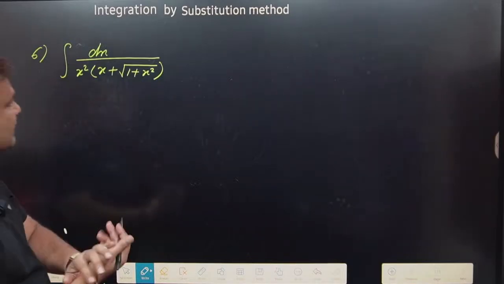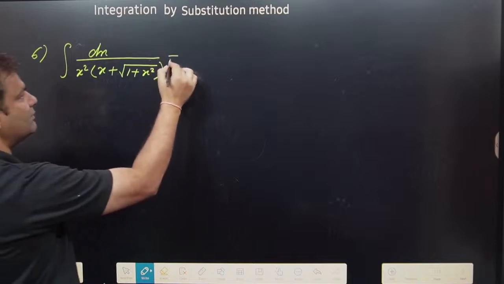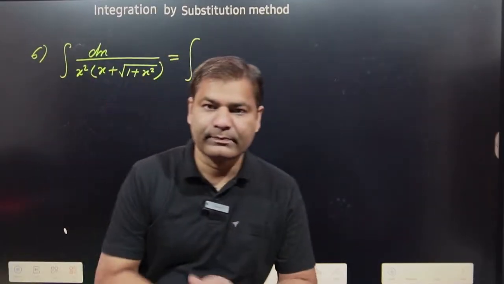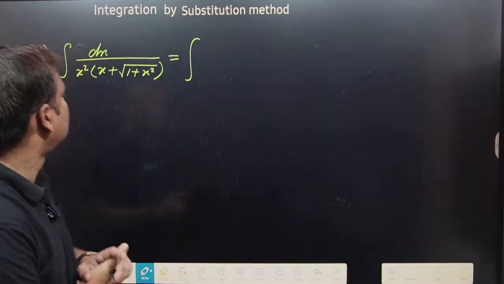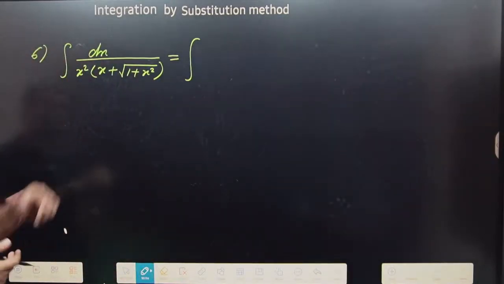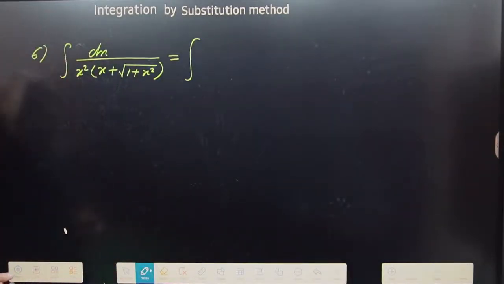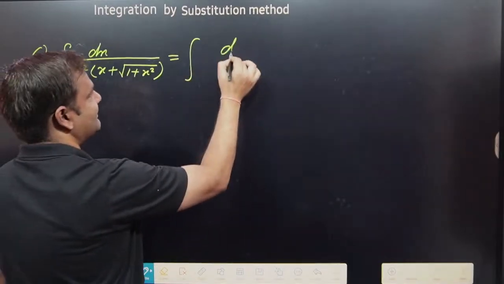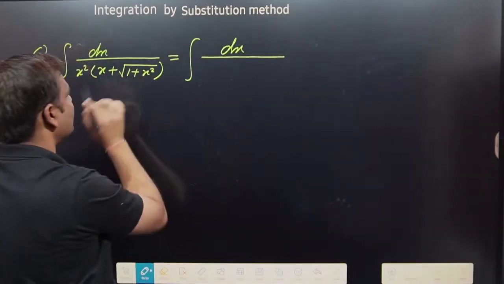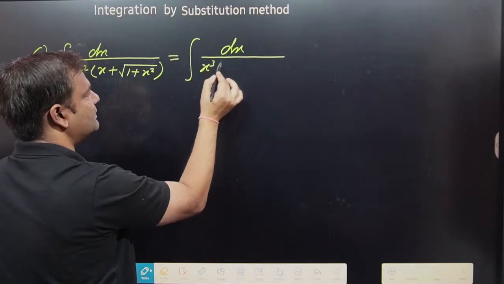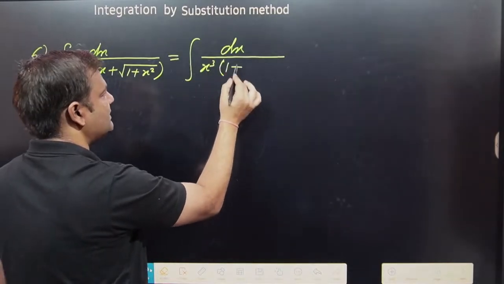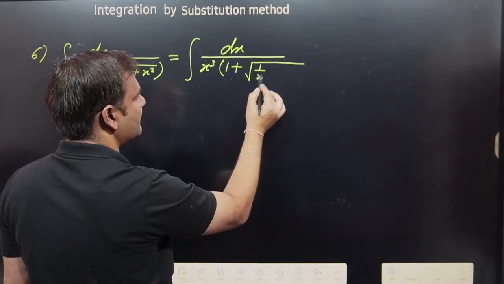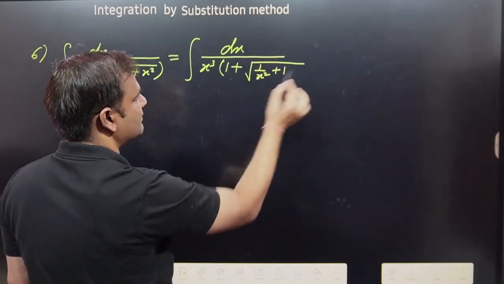Yes, everyone can do. Okay, do. Yes, that is taken highest power. Good. So highest power is x. So x cube into 1 plus 1 by x square plus 1.